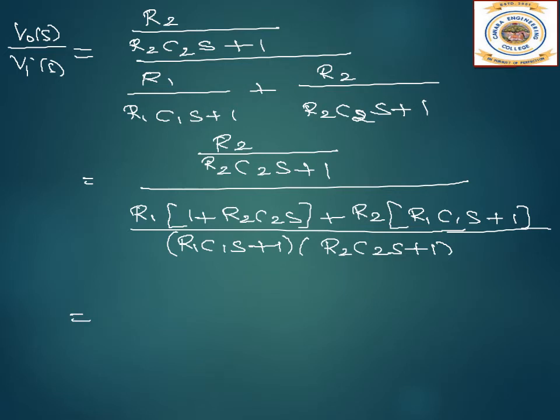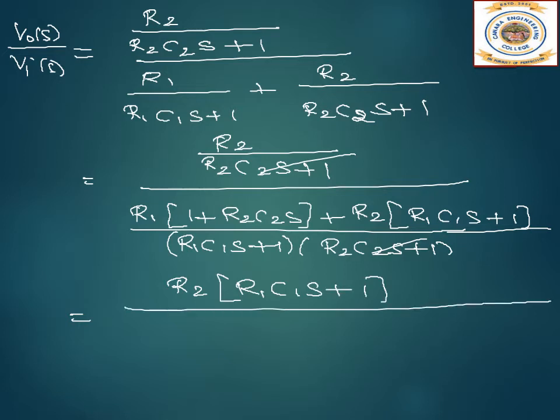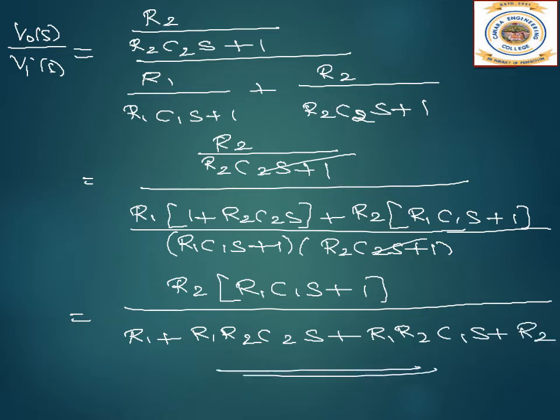Now simplifying further, here R2 C2 S cancels, so I get in the numerator R2 into R1 C1 S plus 1, divided by, multiplying the terms here, R1 plus R1 R2 C2 S plus R1 R2 C1 S plus R2. So this is the transfer function of the given electrical network.